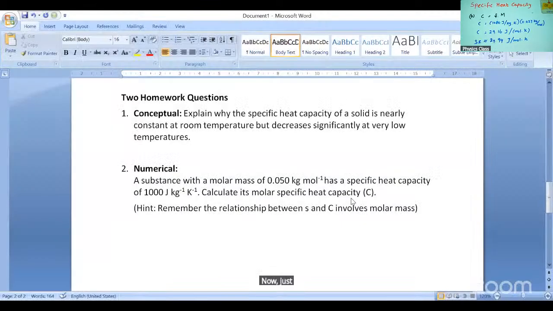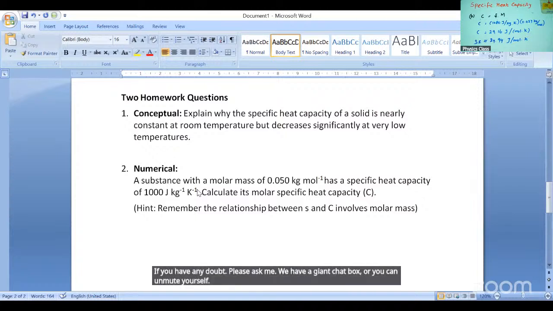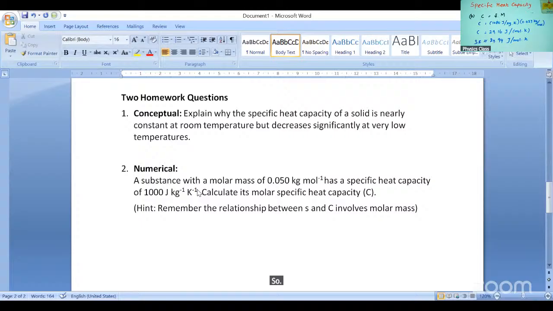Now just note the homework sums. This is your homework: one theoretical, one numerical. Just note it down. If you have any doubt, please ask me via the chat box, or you can unmute yourself. This all belongs to specific heat capacity.